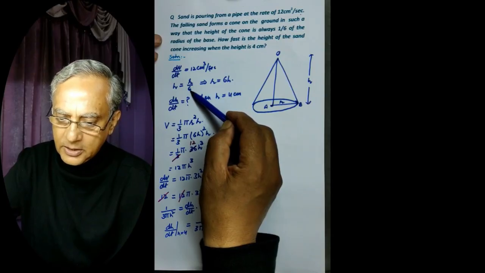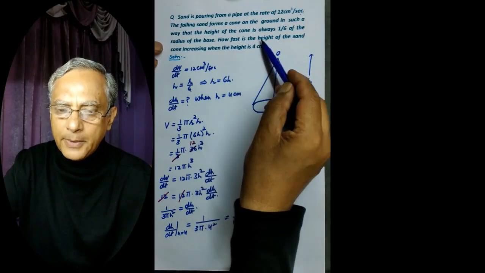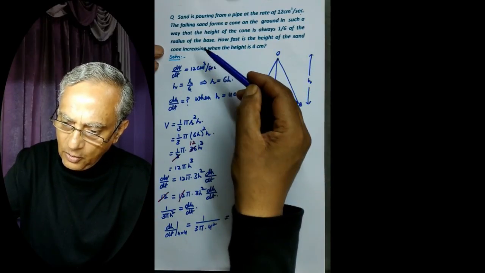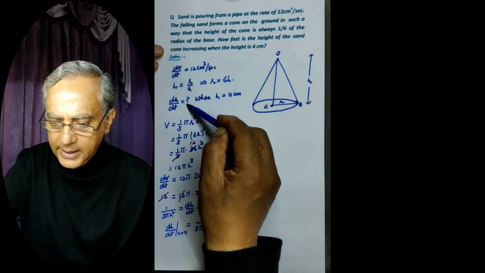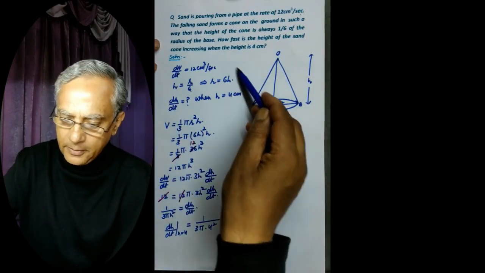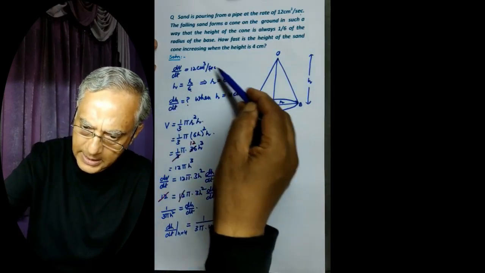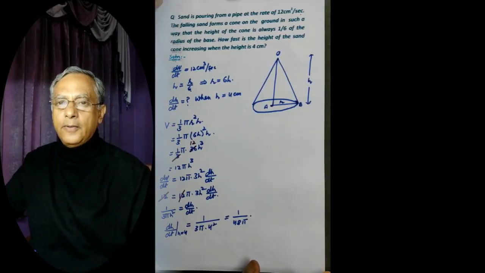This statement has been converted into a mathematical form. How fast is the height of the sand cone increasing? dH by dt is to be found when H is 4 centimeters. Now this is the whole statement. Now you can easily solve it.